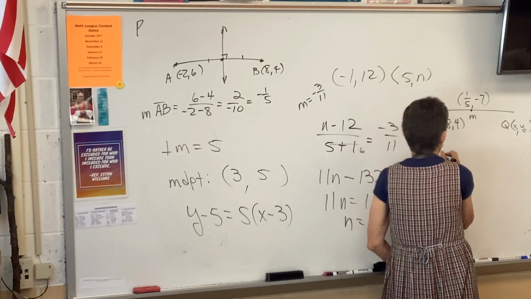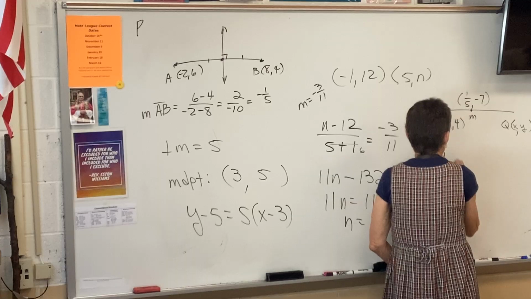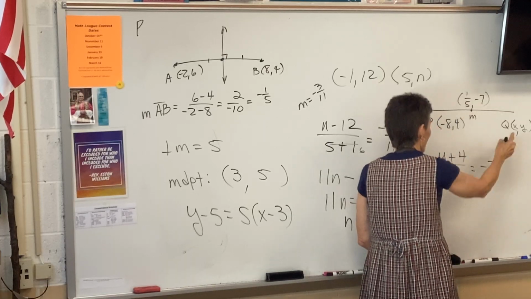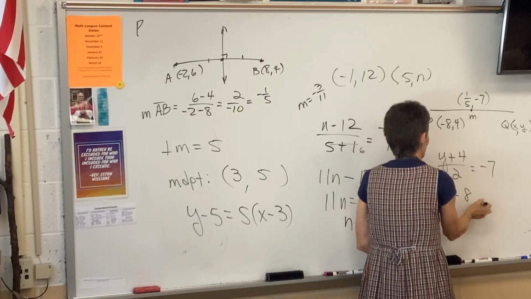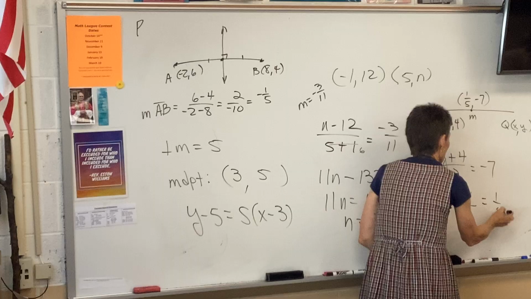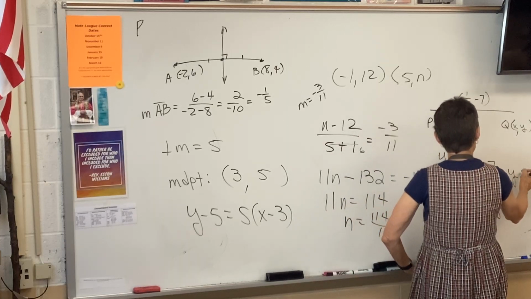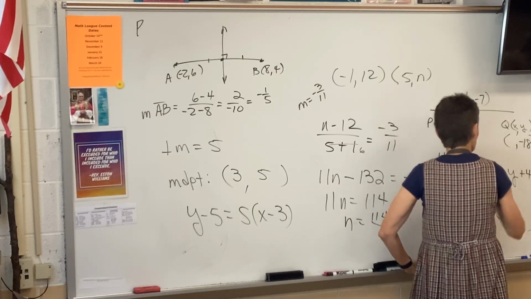So we'll have y plus 4 over 2 equals negative 7. That's gonna give me my y. And then we'll have x minus 8 over 2 equals 1/5. Yep. So it looks like y is gonna be negative 18.